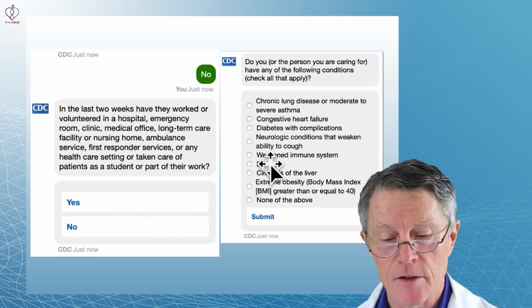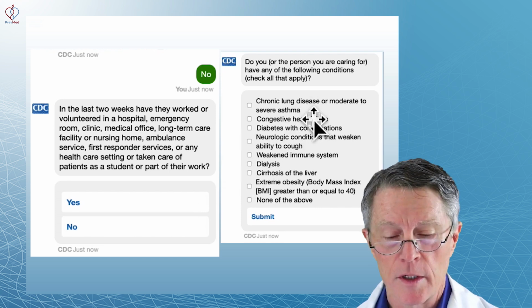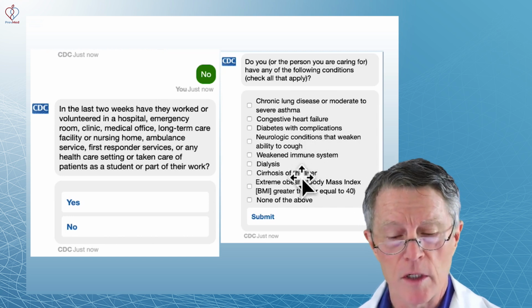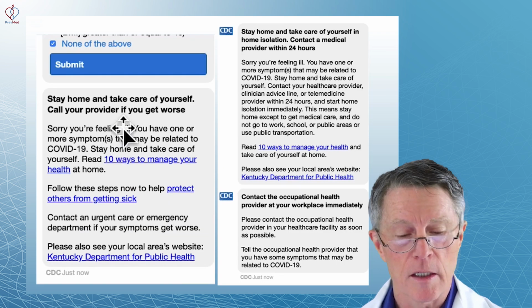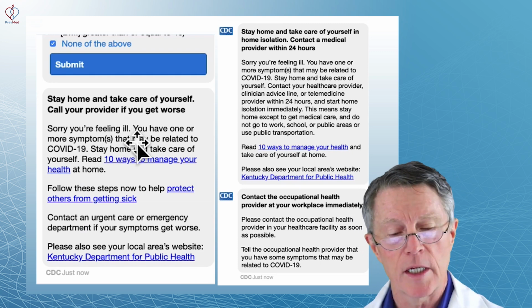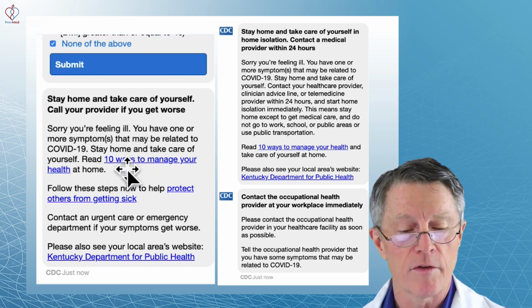I clicked no, and then it's, do you or the person that you're calling for have any of the following conditions? Chronic lung disease, congestive heart failure, diabetes with complications, neurologic or brain conditions, cirrhosis of the liver, extreme obesity, etc. I clicked no, and they said at that point, okay, stay at home, take care of yourself, call your provider if you get worse. Sorry if you're feeling ill.